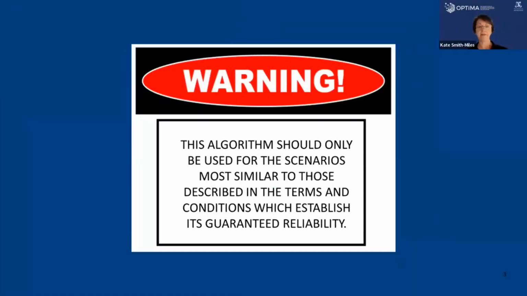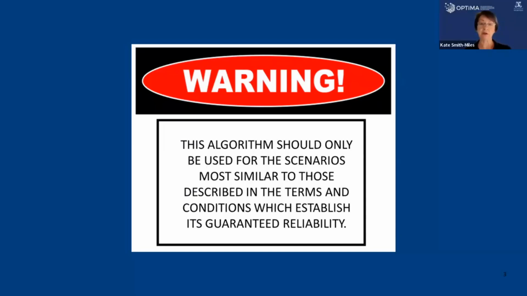So I'll start by telling you that what we're really trying to do is attach a warning label to an algorithm. And this warning label cautions when you should use an algorithm, when you can expect good performance from an algorithm. But when I say algorithm, you could also substitute that word for model or even parameters, how an algorithm is configured.